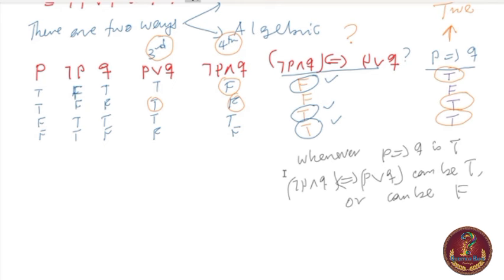So here it has become false by this choice. Here it has become true. You can see there are two possibilities.